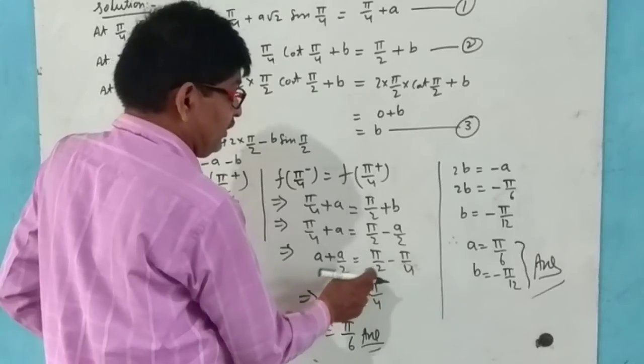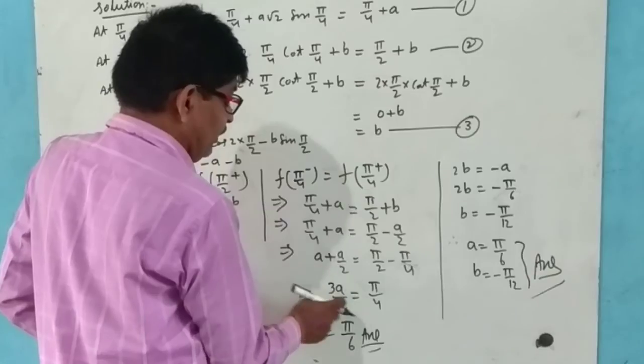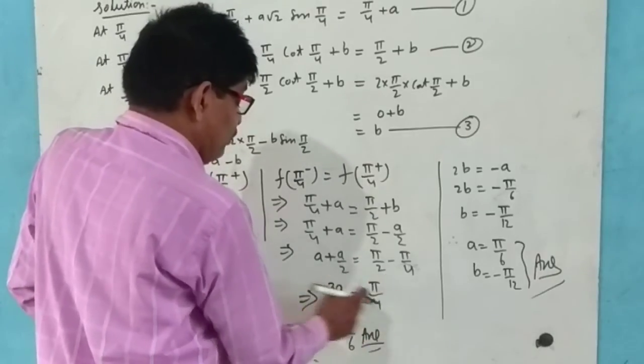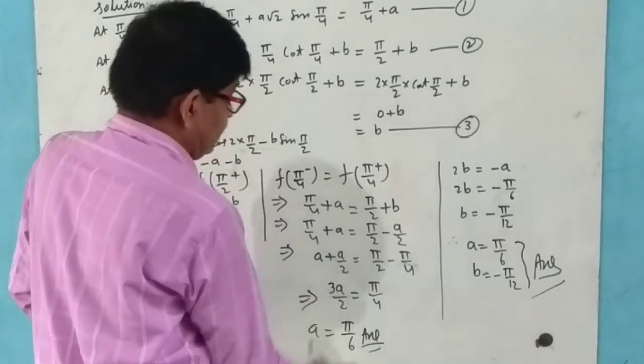After subtracting, this is equal to pi by 4, and a times 3 by 2 is equal to pi by 4, so that a is equal to pi by 6.